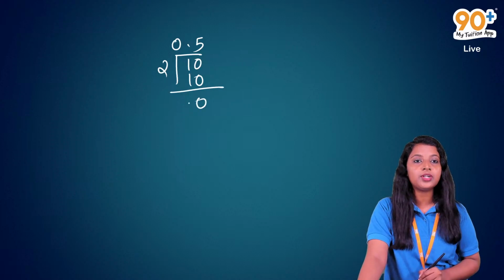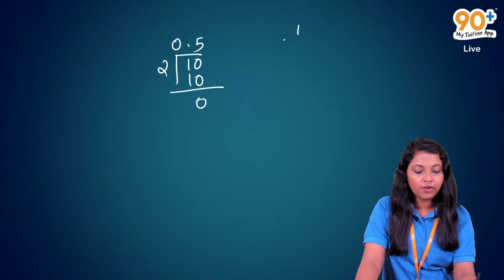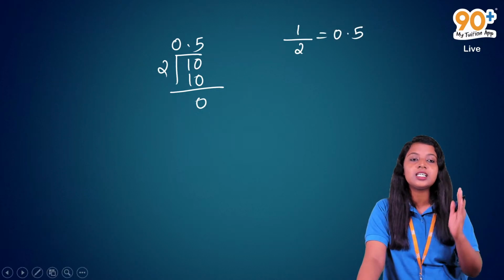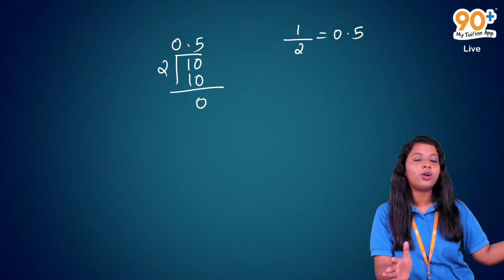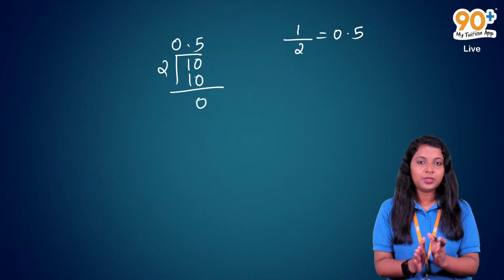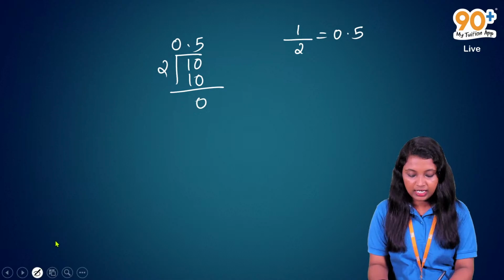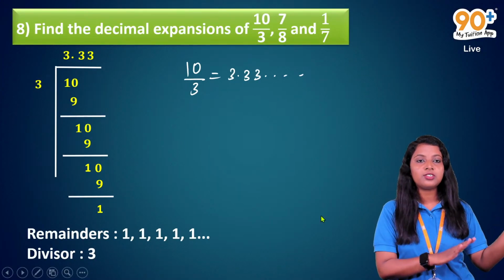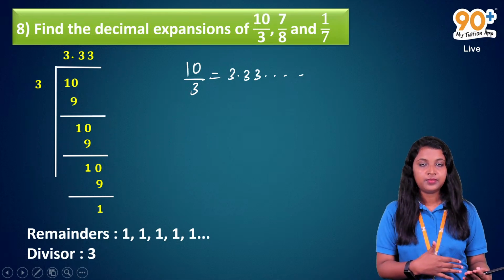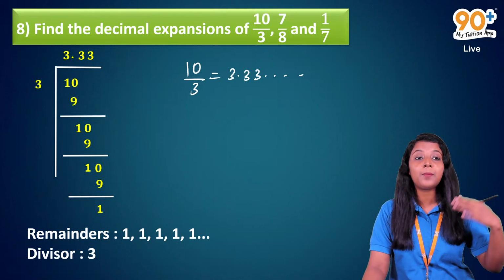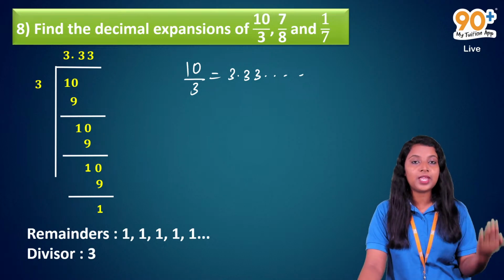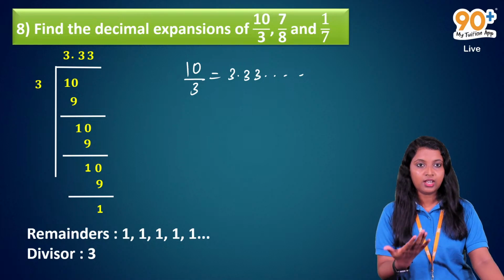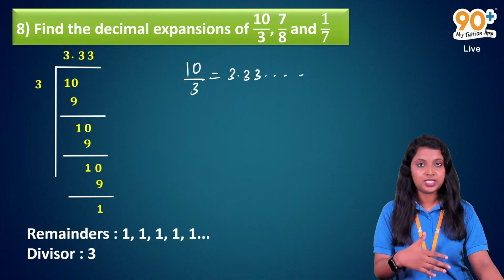We got the remainder as 0 and it is ending. So it is terminating. It is ending at a point. It is not going on and on. And here it is not ending, so it is non-terminating. And this 3 is repeating. So we say that it is non-terminating recurring or non-terminating repeating.